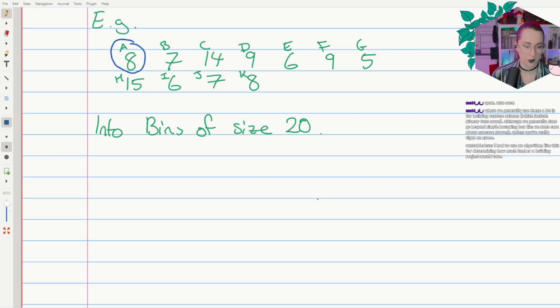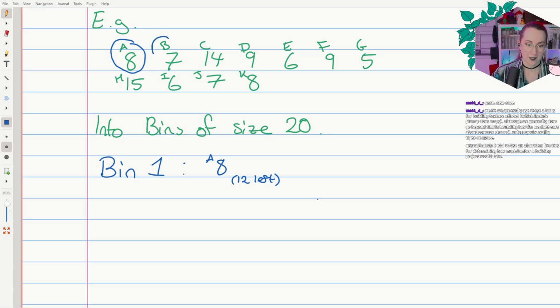Okay, and we put it in bin 1. Bin 1 is empty, it has 20 left, and 8 is less than 20, so it can go in here. So we put A, 8, inside of there. Now the space remaining is 20 minus 8, so we have 12 left inside bin 1.